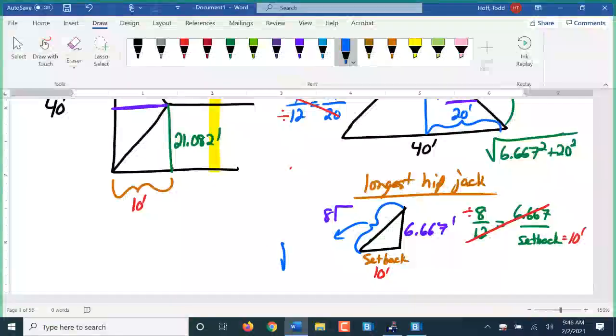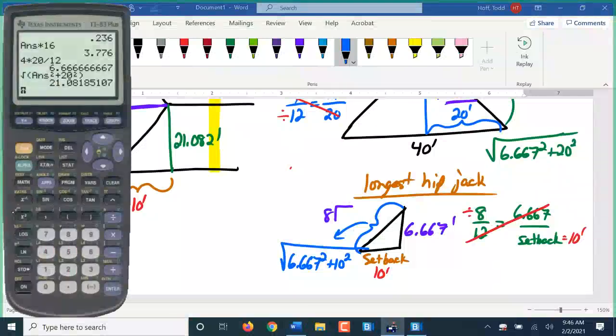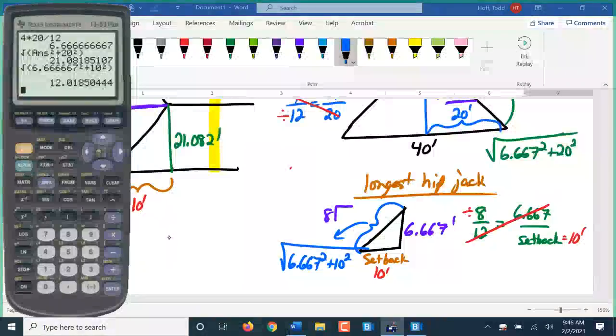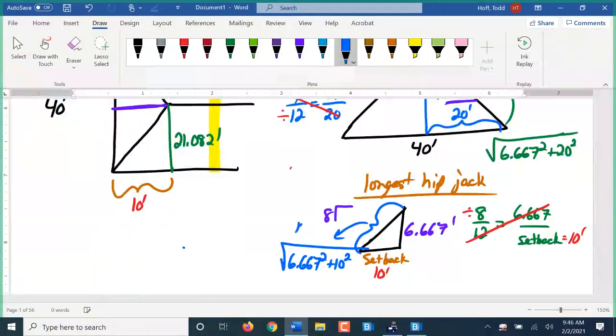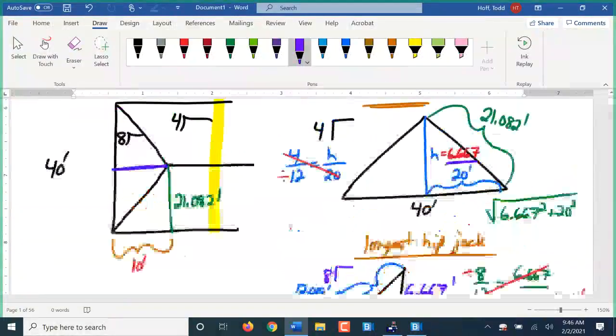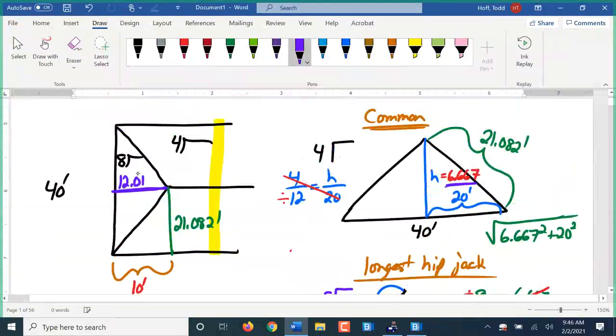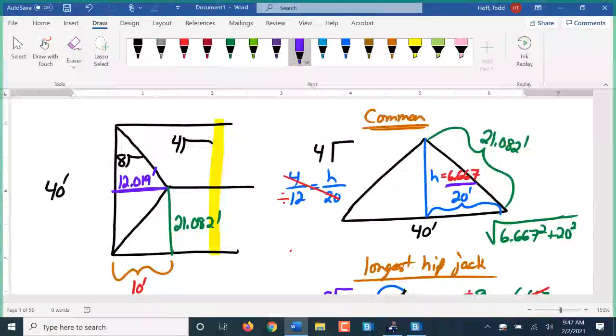That's simply going to be the square root of 6.667 squared plus 10 squared, giving us 12.019 feet. So up here, this longest jack is 12.019 feet long.